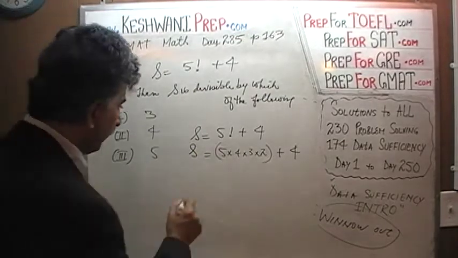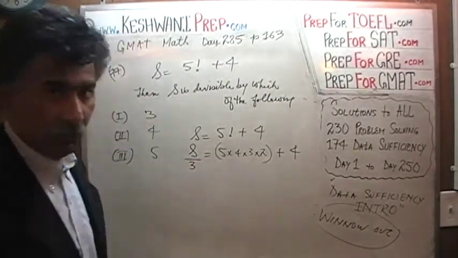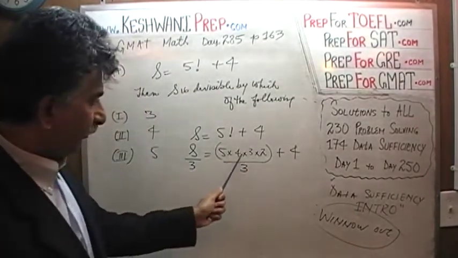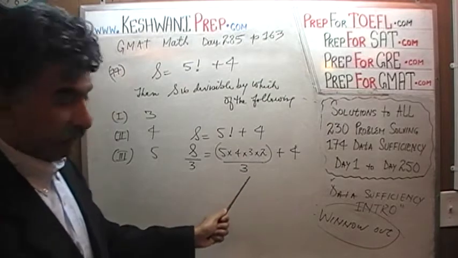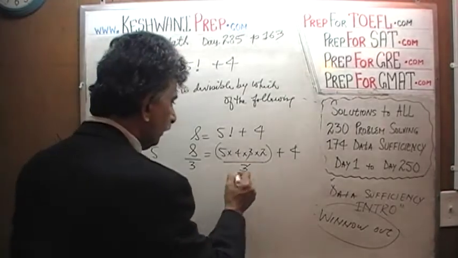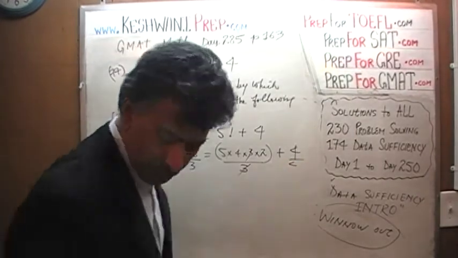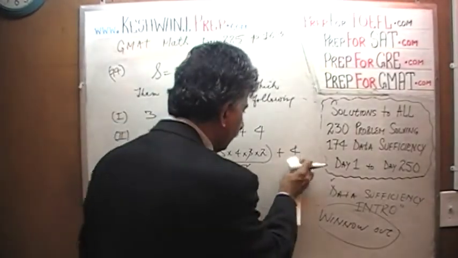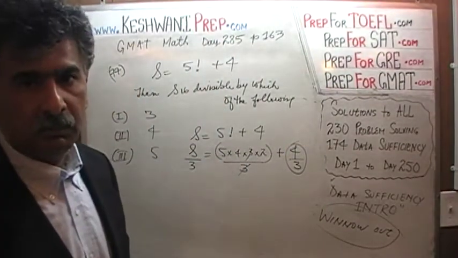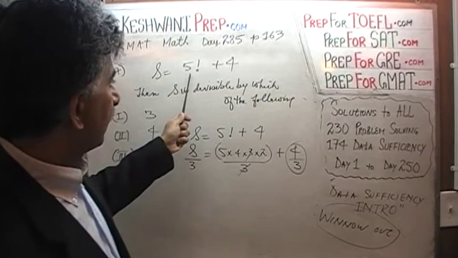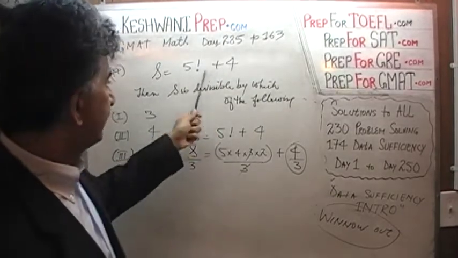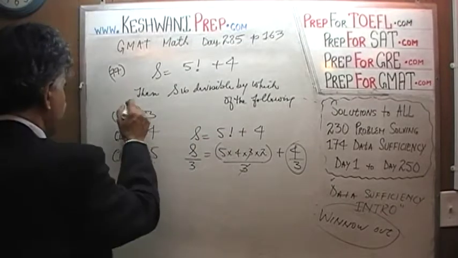If we were to divide this quantity by 3, 5 times 4 times 3 times 2 is going to be evenly divisible by 3 because we see a factor of 3 on top and the bottom. But what about this 4? This 4 is not divisible by 3. We'll have a remainder of 1. So if you were to divide 5 factorial plus 4 by 3, we'll have a remainder of 1. This quantity is not divisible by 3.